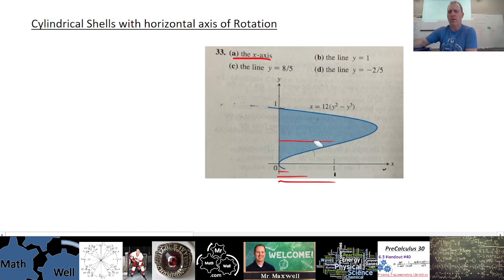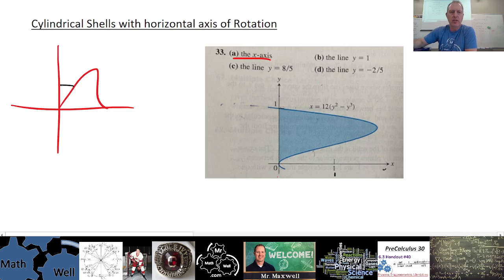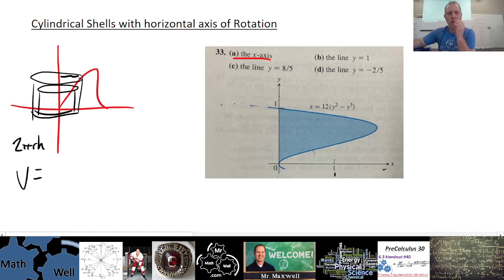All right, so as before, I kind of have to go back to the way we did this before. With the upright shells, here's a couple shells that are in the upright position, right? With those upright shells, the volume was based on the volume of the edge of the cylinder, which is 2 pi r h, okay? And we did an integral, and the r was x, the little width of the sidewalls was dx, right?